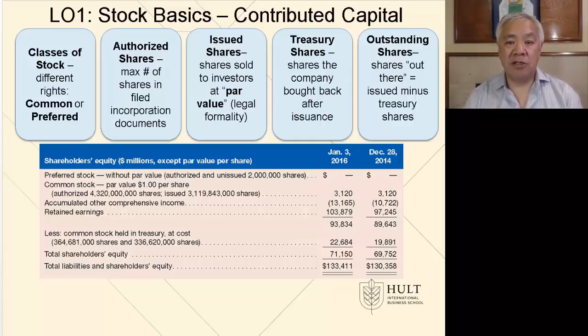The second is authorized shares. And authorized shares often confuses students because it seems like it should be very quantified and rigorously determined, but it's not. It's a legal number that is put into our shareholder agreements and our articles of incorporation when we go to the Secretary of State to register our corporation. It represents the maximum number of shares that may be issued by the company, but it's not a final number.